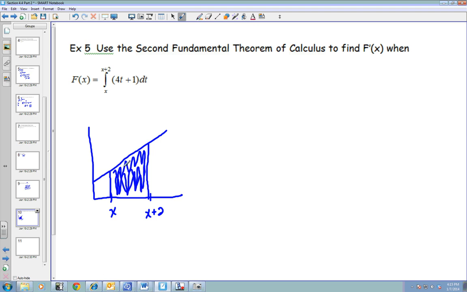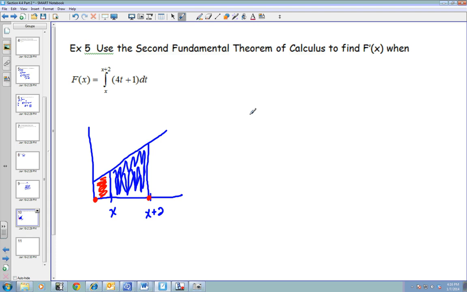Well, I'm going to have to break this up. If I told you this is a geometry problem and I told you to find the area of that trapezoid, wouldn't you have to find the area from here to here first and then subtract this amount, right? I'd find all of this and then subtract the red part.